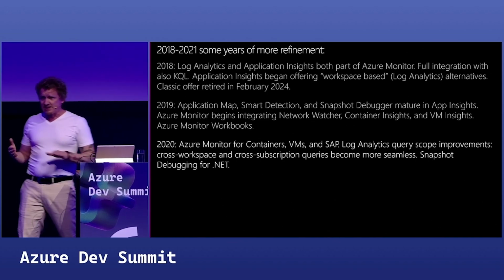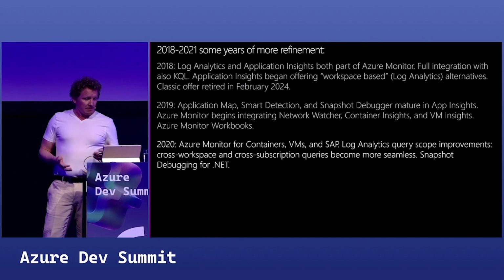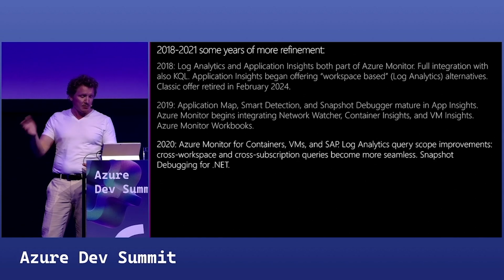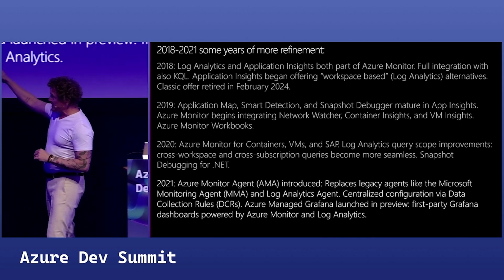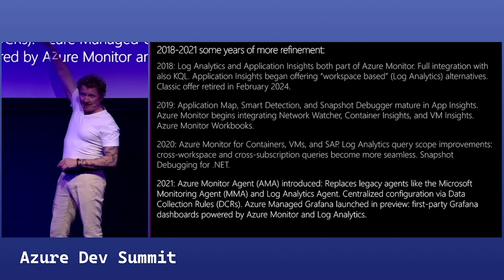Some of these things are clearly competition plays, like when they're fixing up things with VMs and SAP and various other things, queries you can cross-query across, and snapshot debug, a lot of things. The last one is kind of important. I think that you all know the Azure Monitor Agent, the AMA.